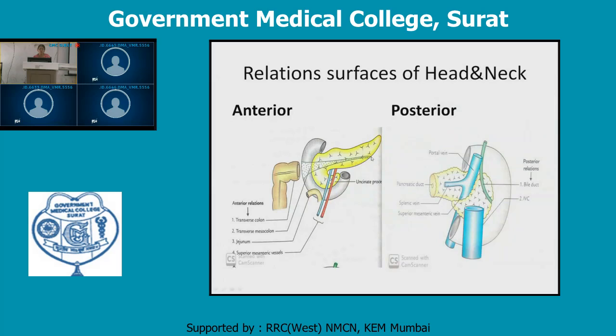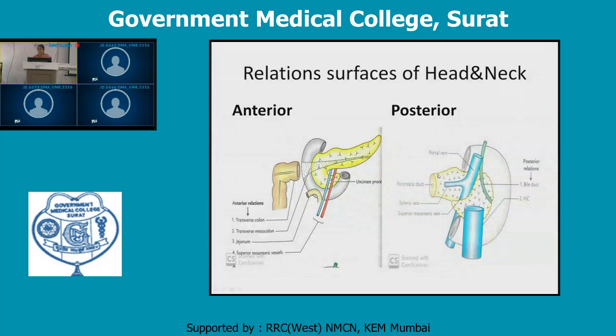The root of the transverse mesocolon is attached here on the anterior border of the pancreas. I will tell you this. Even the jejunum is related to the anterior surface, and the anterior surface of the uncinate process. Remember, the superior mesenteric vessels are anteriorly related to the uncinate process. Right? This is the uncinate process.